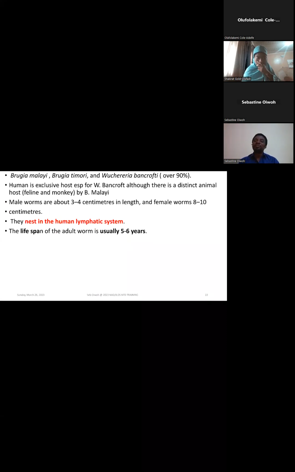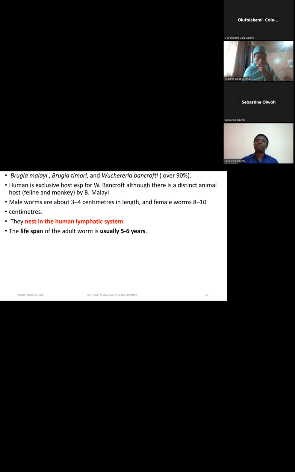Usually lymphatic filariasis will present with unilateral leg swelling, which we'll talk about later on. We do know that Wuchereria bancrofti is the one that is commoner in humans, though Brugia malayi has also been recorded in animals. The worms are as long as 3 to 4 centimeters, and the female worm tends to be longer, and they nest in the lymphatics.